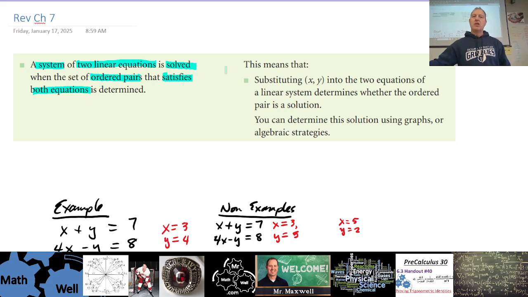Okay? Now we've talked about satisfies both equations before, but that means that when you plug the x value and the y value into both equations, it makes both equations true. And I'm going to show you some examples in a second. Okay? So substituting the x and the y values into the 2 equations makes both of the equalities true.